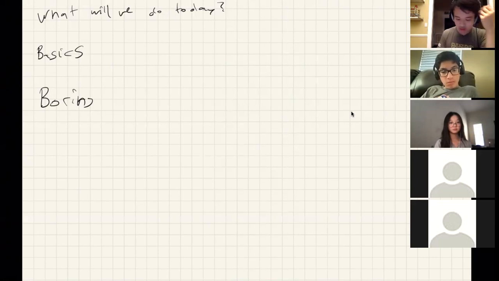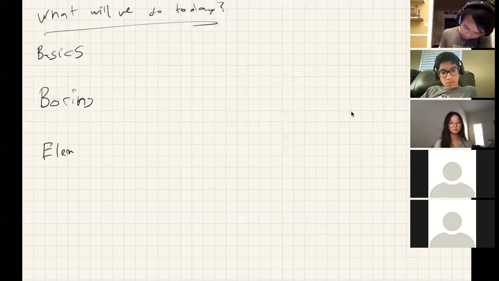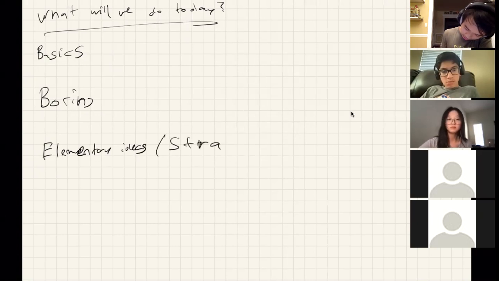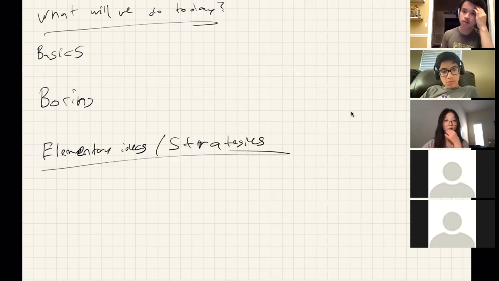So I want to cover the elementary ideas and strategies that you'll be using throughout your journey in competitive math.